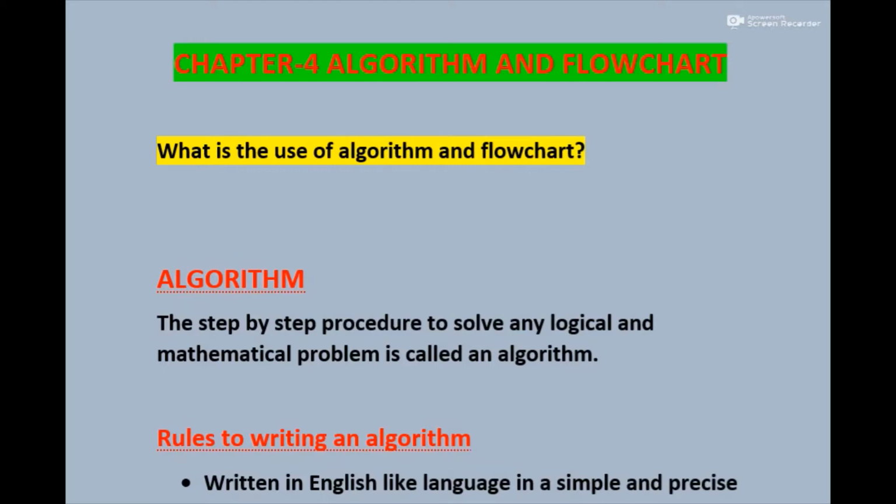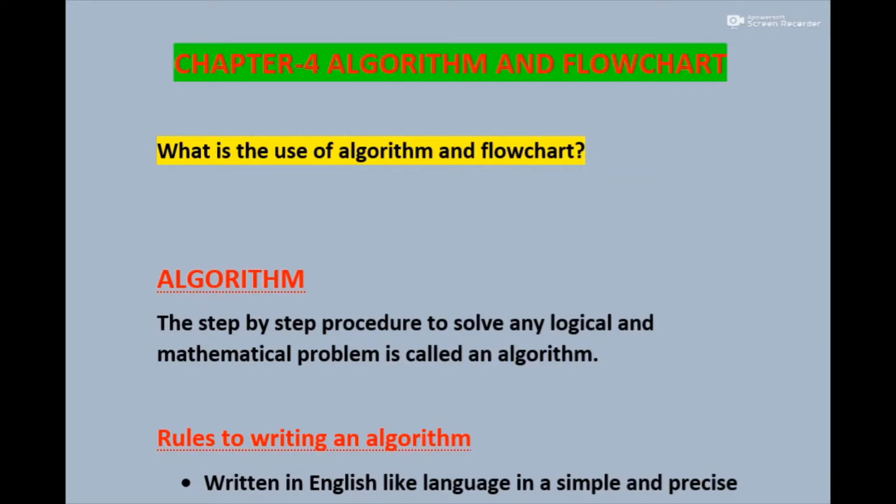If we are not performing that activity in a sequential order, then we will not get the desired result. Similarly, to perform a specific task in a computer, we have to give some instructions to a computer.